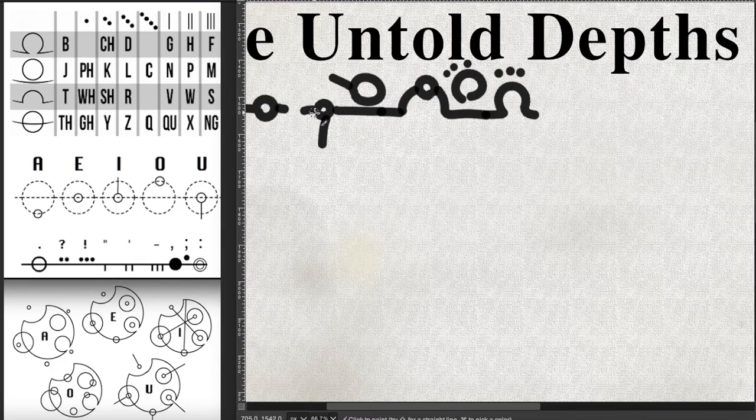So here's the UNTOLD, and then depths. So here's another D, and I'm gonna enclose the E. T has 3 dots.